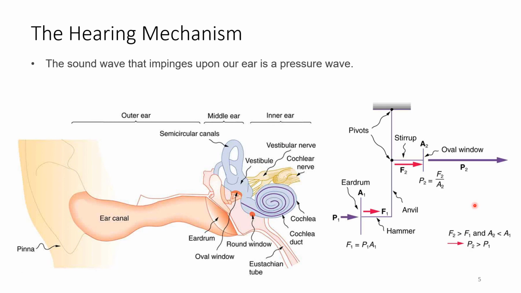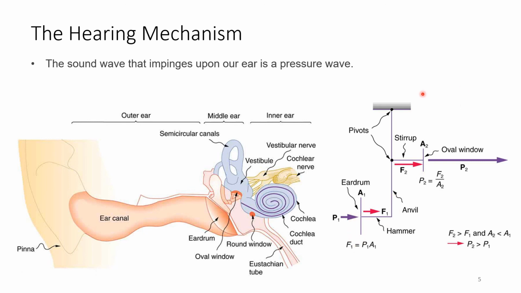The lever system of the middle ear takes the force exerted on the eardrum by sound pressure variations, amplifies it, and transmits it to the inner ear via the oval window, creating pressure waves in the cochlea approximately 40 times greater than those impinging on the eardrum.